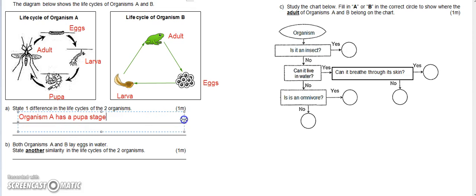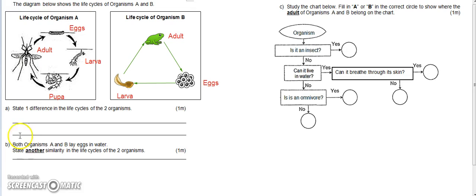But remember in science, when you compare, you must also mention what you're comparing with in the other organism. So organism A has a pupa stage, but organism B does not have a pupa stage. Okay, that's quite simple. This can be an answer because clearly organism A has a pupa stage, but organism B doesn't.